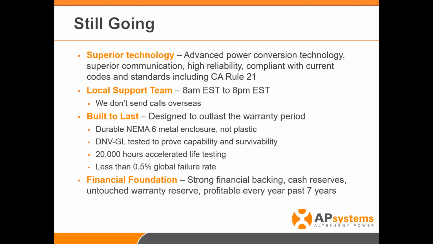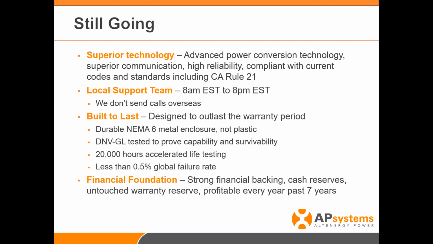We do 20,000 hours of accelerated life testing on each of our product models, with a less than 0.5% global failure rate. Also, our financial foundation is strong. We've got very strong financial backing and cash reserves. We even have a warranty reserve. Anytime somebody gets a 25-year warranty, the difference in cost between the 10-year and the 25-year goes into our warranty reserve, and we haven't had to touch that in the entire time we've been doing business.